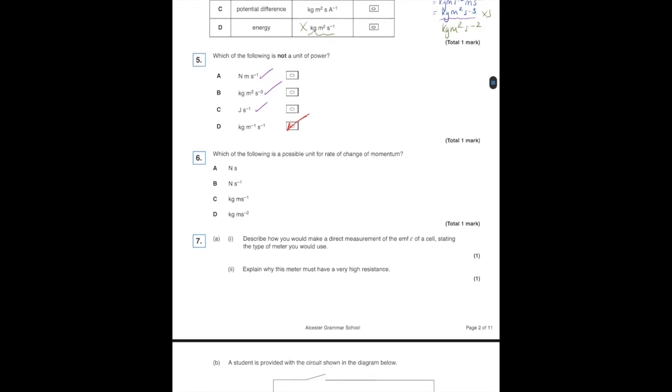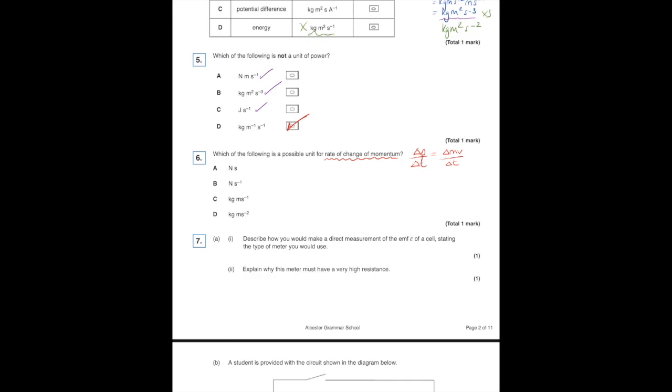And then the last one, looking at units, was looking for rate of change of momentum. Okay, so what we're saying here is rate of change, delta P over delta T. All right, and what that actually is, is change in mass times velocity divided by change in time.